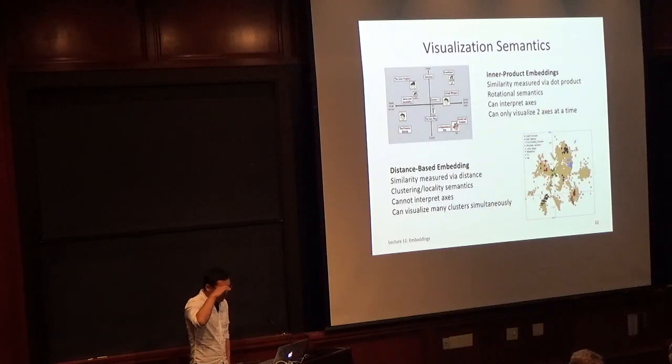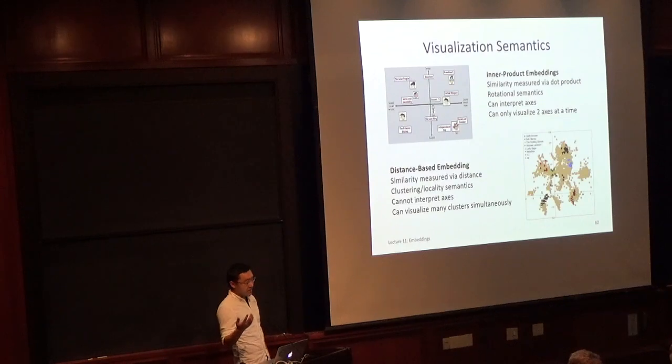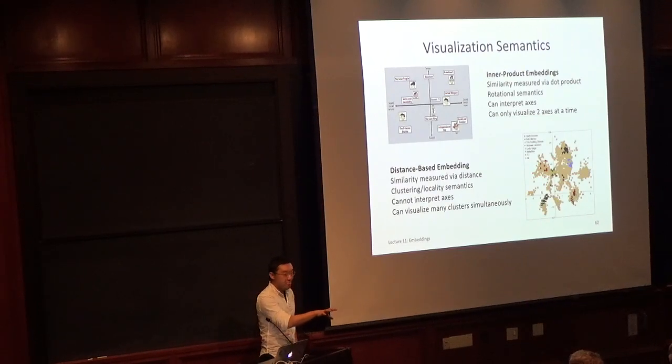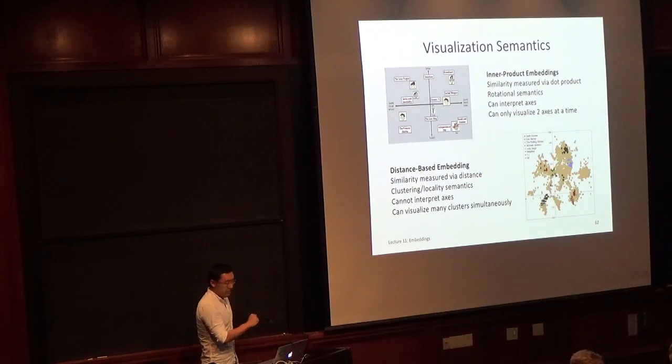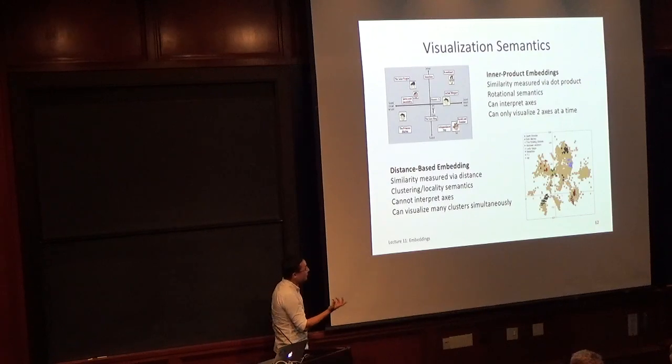I want to take a slight step back and talk about the semantics of these two embeddings. In these two case studies, we looked at word embeddings, which are extremely popular right now in the industry, and song embeddings. The reason I chose them is that the people who developed these methods made modeling choices that endowed different semantics onto these embeddings.